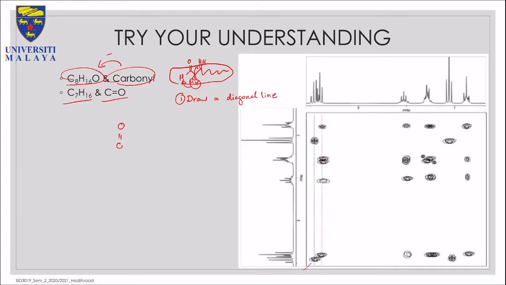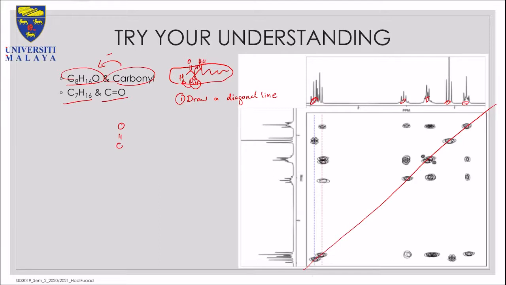So first you draw it like that. You know that all these peaks on the diagonal line correspond to the major peaks that you see here. Now, what TOCSY tells you are the spin systems.